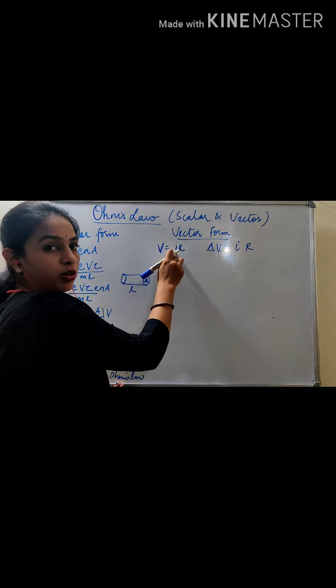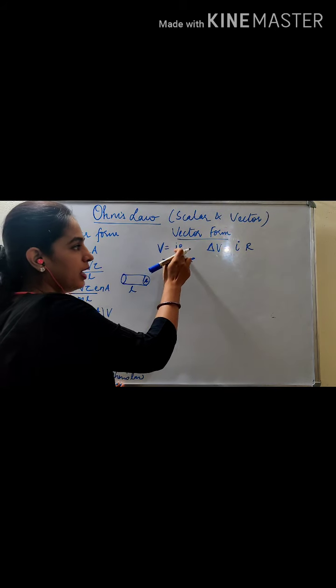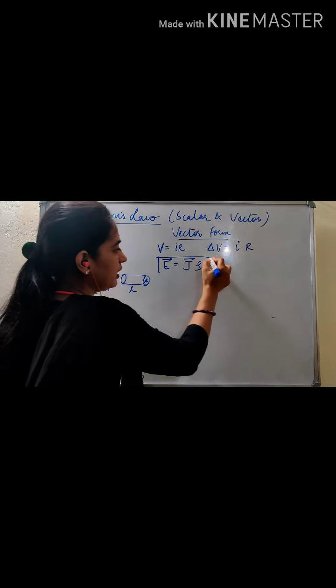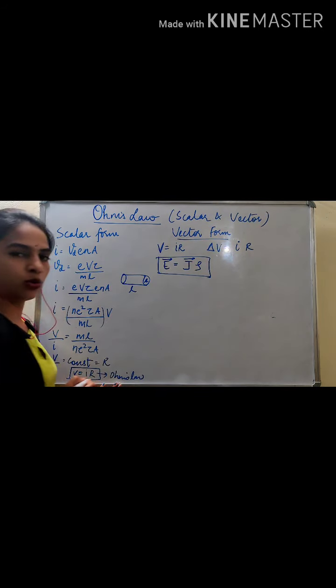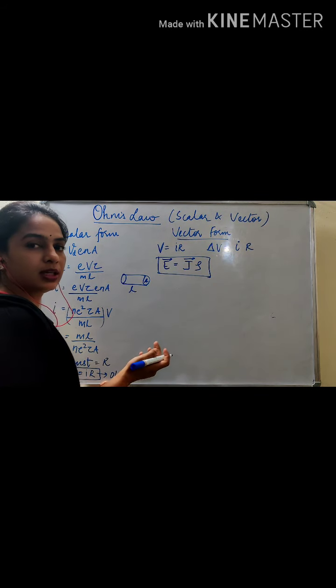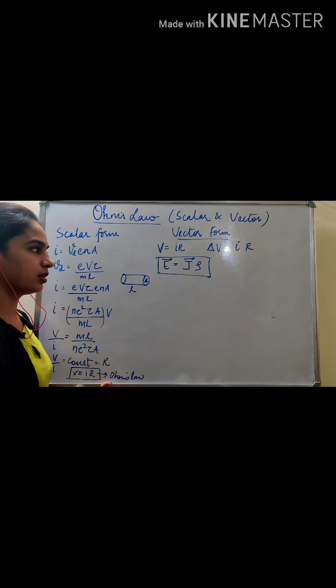What is the vector form of I? Current density J, which we just now studied. And the vector form of resistance is resistivity. So E is equal to J rho is the vector form of Ohm's law, because here these quantities, electric field and current density, are all vectors.